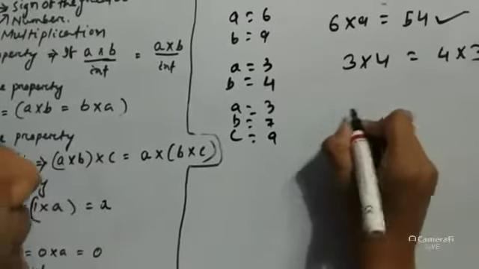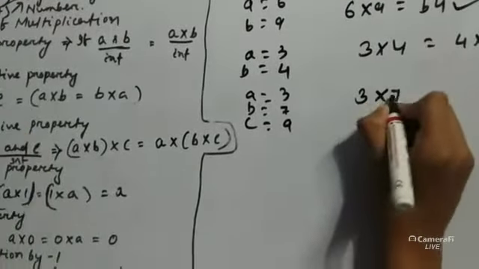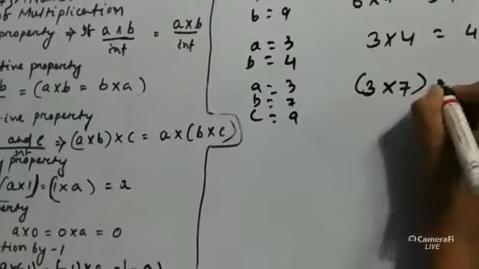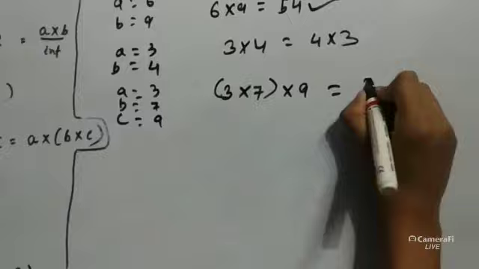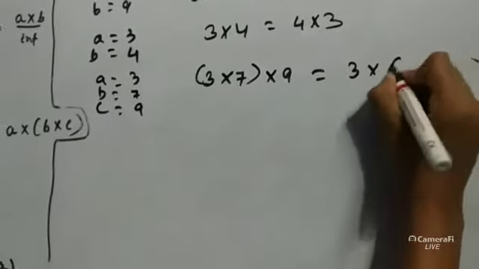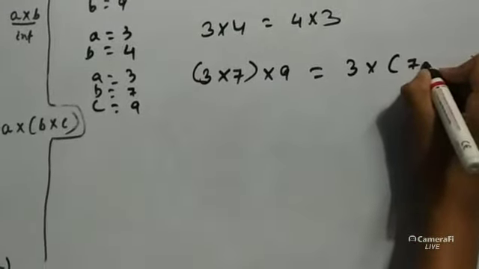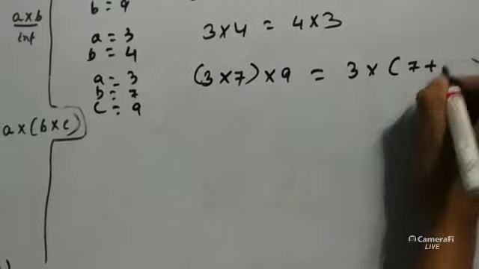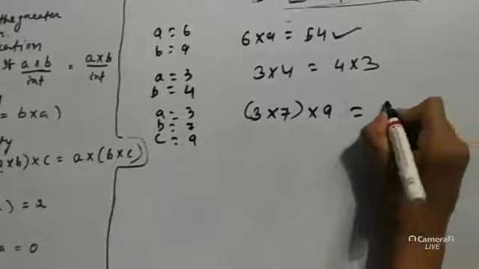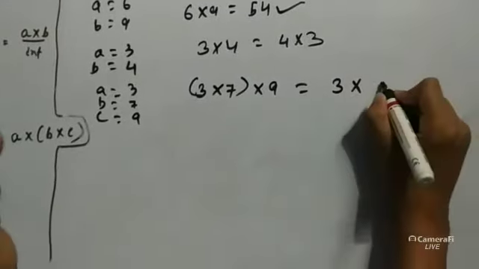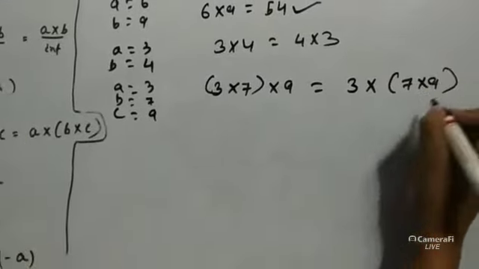Now a into b, 3 into 7, into c, 9, equals 3 into 7 into 9.